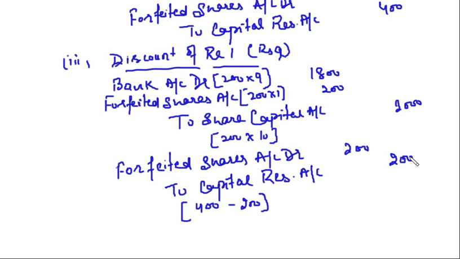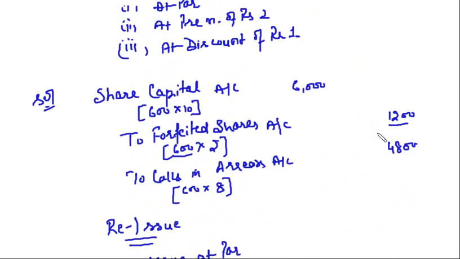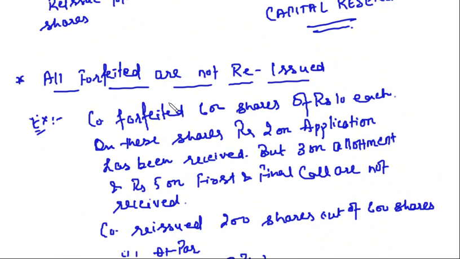You cannot take the whole of 1200. That 1200 is for 600 shares, but you are reissuing only 200. That is why I told you that the phrase 'to the extent of shares reissued' is important. Clear? Remember this. So we have discussed one more important topic, that all the forfeited shares are not reissued, only part of forfeited shares have been reissued. How to treat this we have discussed now.